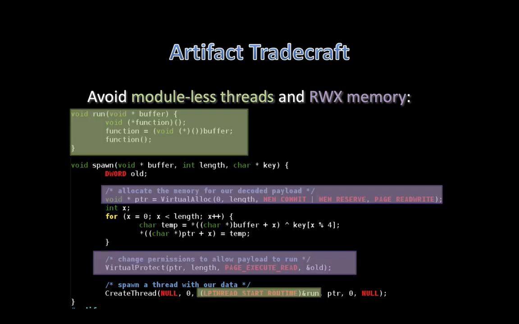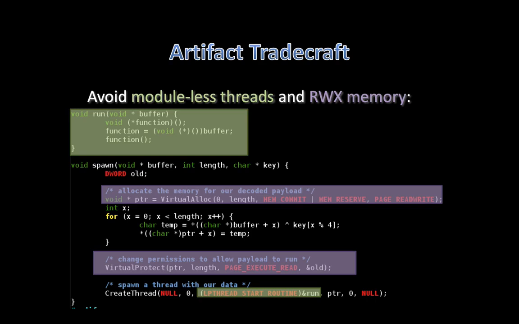Here's how I meet these goals in one of the artifact kit executables. I allocate memory that has read-write permissions, do my thing, and then flip it over to read execute when I'm done. For avoiding a modulus thread, in this case, I do have a need to create a thread. That's why I'm not just casting my allocated memory to a function pointer and calling it.